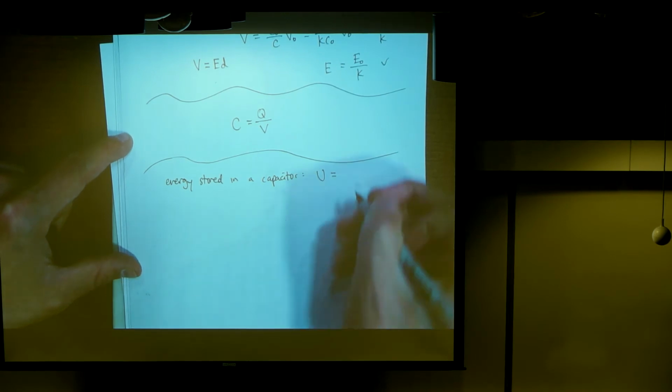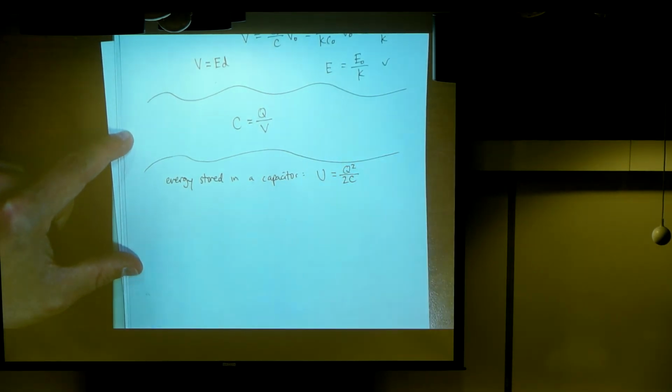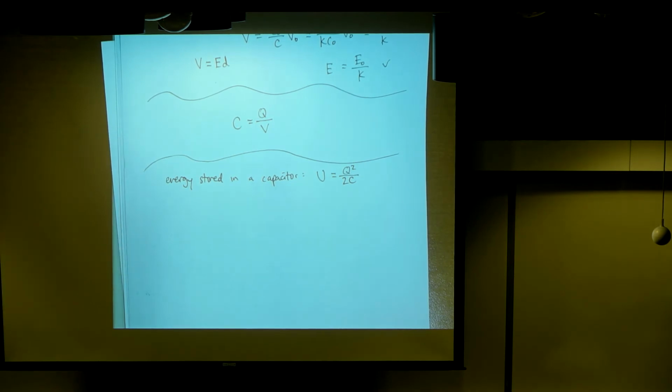One half Q squared over C... Q squared over 2C, that's right, yeah. So basically, we're gonna go ahead and find out what Q is, which again is not changing between the two scenarios. And then we'll figure out what C is in each case. C is going to change, isn't it? Because we're removing a dielectric material, right?